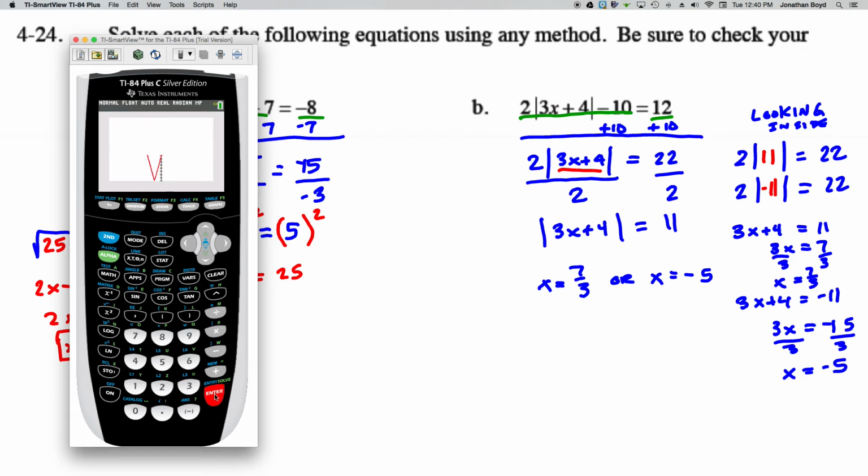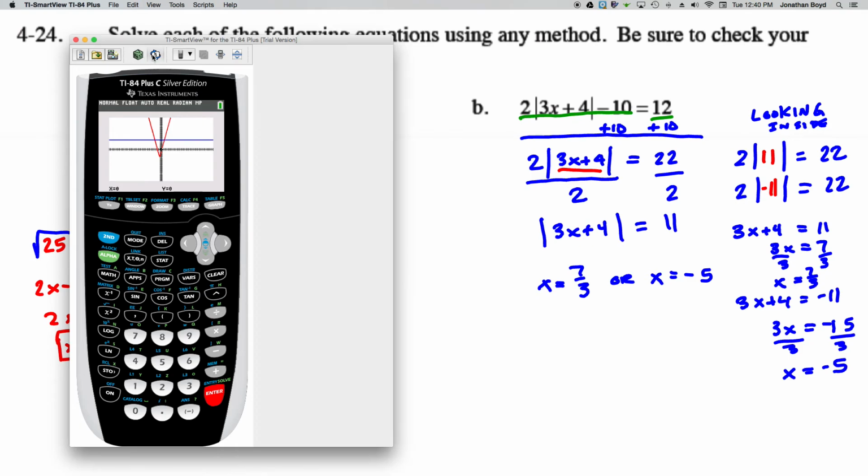Sometimes this kind of gives you an idea of where everything is at. So there are our two functions there. You see that it does intersect twice. And if I want to be real clear about it, because I'm zoomed out so far, it's really hard to see, I can go in and calculate the intersections one more time.